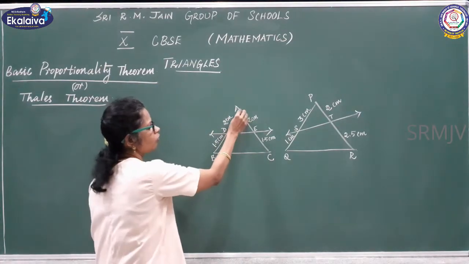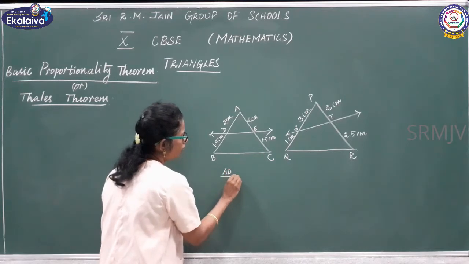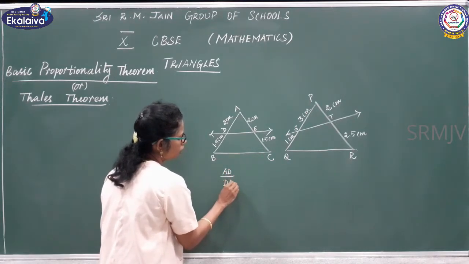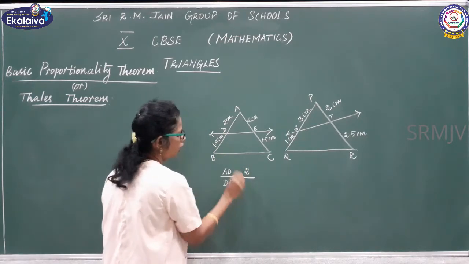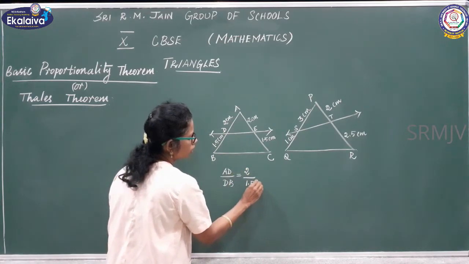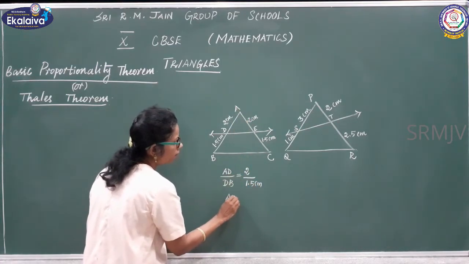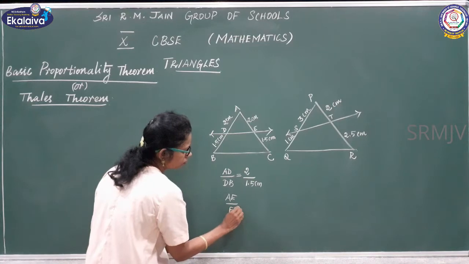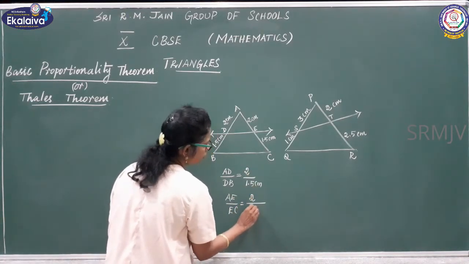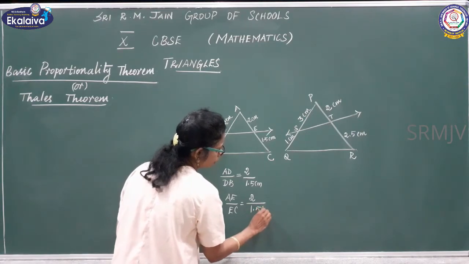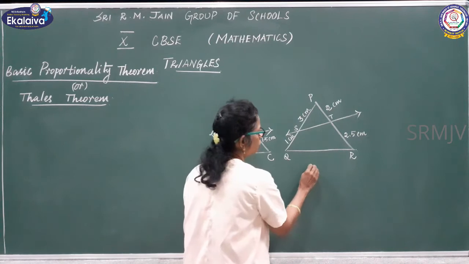Now we have to see what is AD divided by DB. What is AD? I got a measurement 2 centimeter. Here 1.5 centimeter. Here AE by EC, 2 centimeters divided by 1.5 centimeter. Now we pass on to the next triangle.